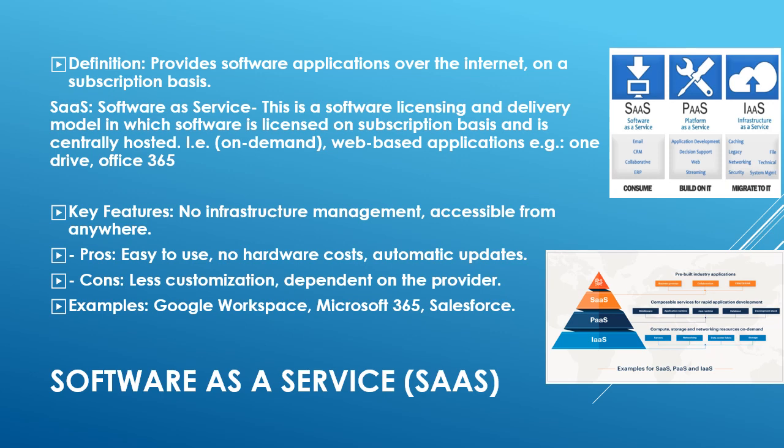So for example, like I said earlier, we have Google Drive, we have OneDrive for Microsoft, we have Office 365 for Microsoft documents and stuff like that. So all these are actually software service examples. So now next, this brings us to the key features. So no infrastructure management because you don't really need to maintain anything, right? It's already managed by the service provider who gives you the opportunity to use them. Accessible from anywhere.